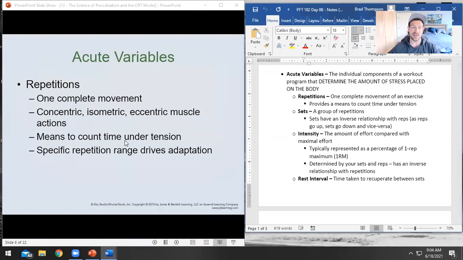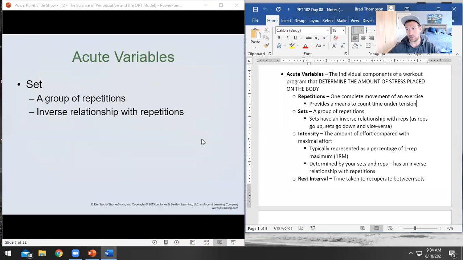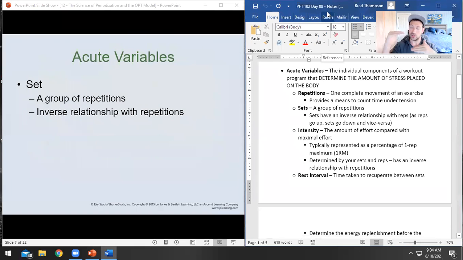Then you've got sets. Sets are a group of repetitions. In the same way that there is a backwards relationship between reps and intensity, like if you have a lot of intensity, you have low reps; if you have a lot of reps, you have low intensity, right? In the same way that if you move this one up, this one drops down, the same thing is true of sets. As your reps go up, your sets will go down.